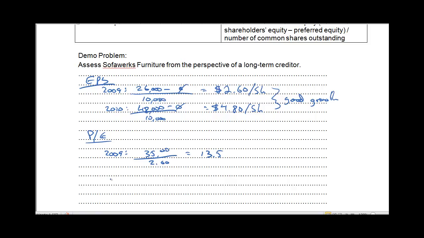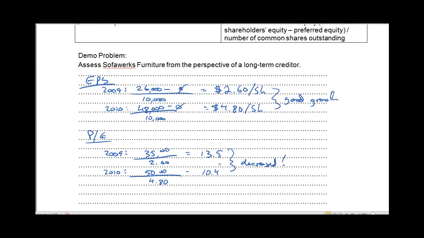Now let's look at 2010. The share price has gone up to $50, and the earnings per share is $4.80, but the price to earnings, interestingly, has fallen. Decreased. Does that mean that the stock in 2010 is now undervalued?